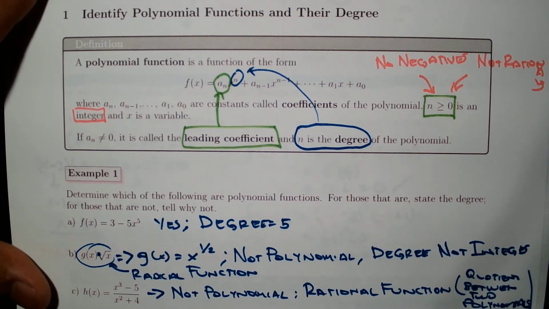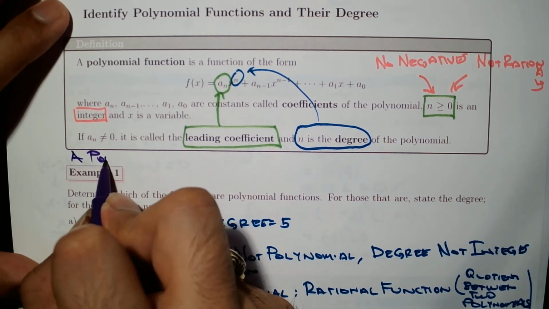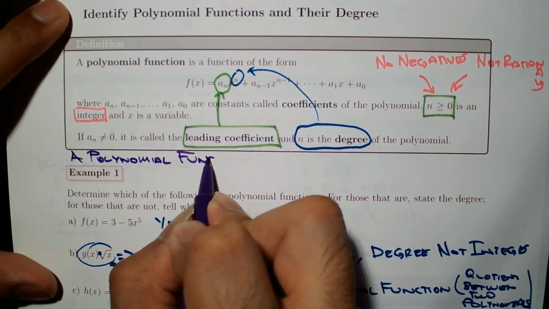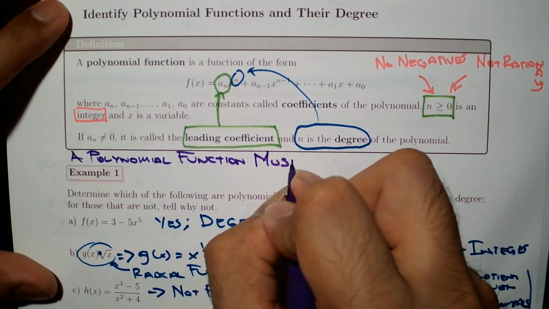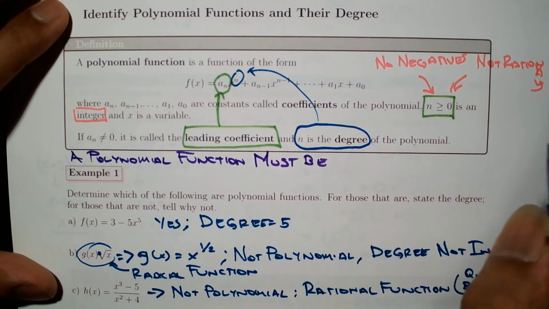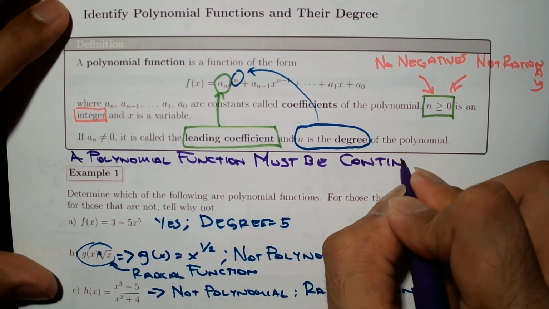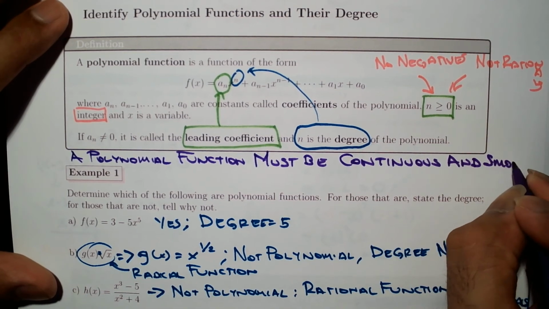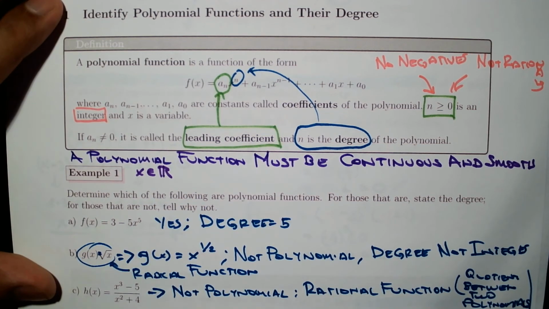And this is the most important part of it. So, a polynomial function must be continuous and smooth for all x in the real numbers, for all real numbers.